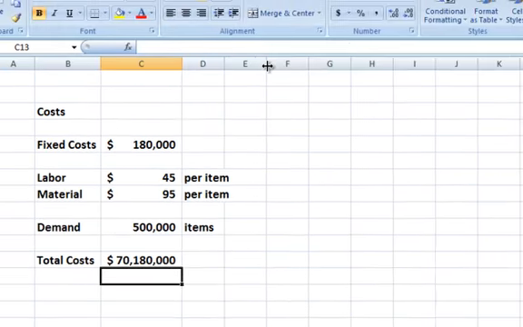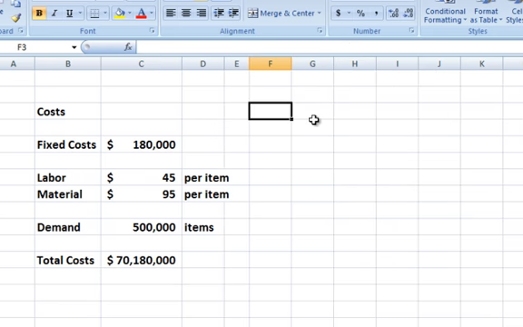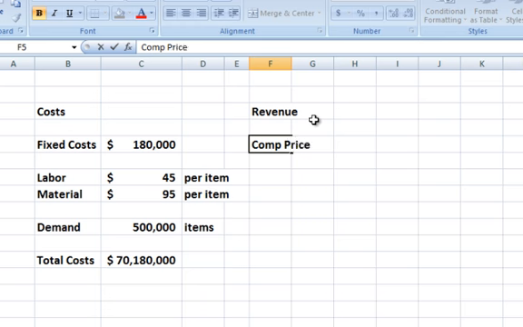Now let's move over and try to work out some revenue that's going to be produced by our new product. First thing is we're going to break the problem into our competitor's price, which I'll just abbreviate comp price, and then our price. And then based on that, we're going to have two types of demand.